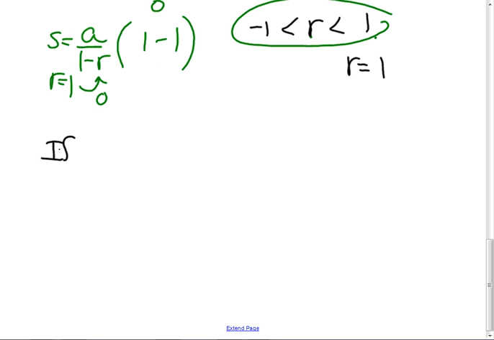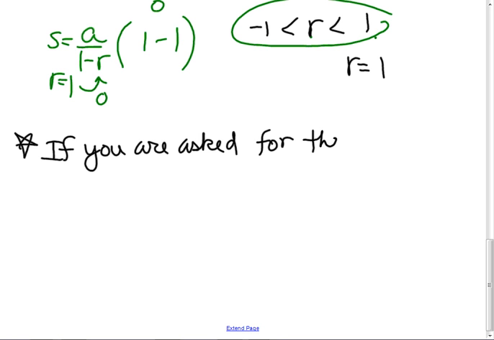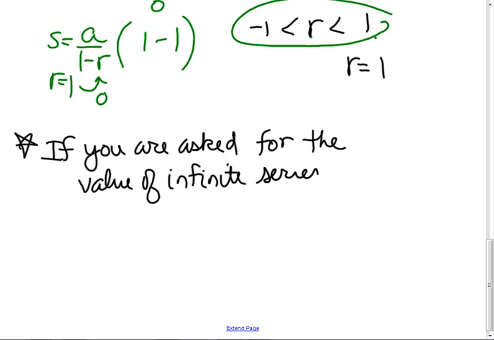If you are asked, put a big star there when you review for your quiz and test in this chapter. If you are asked for the value of an infinite series, the other one I don't even think you're going to see.